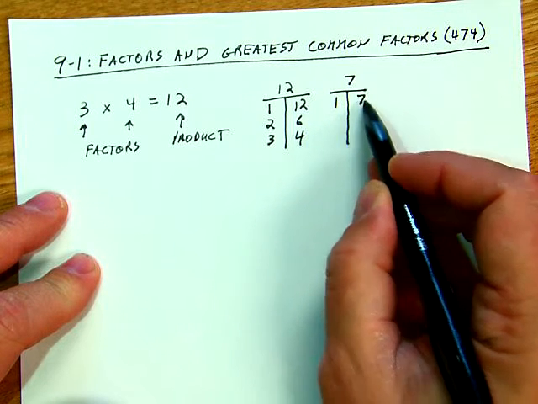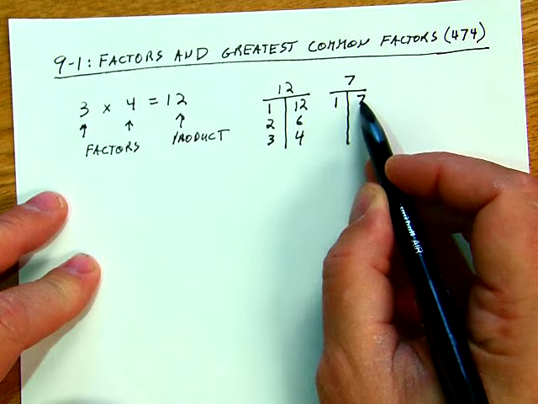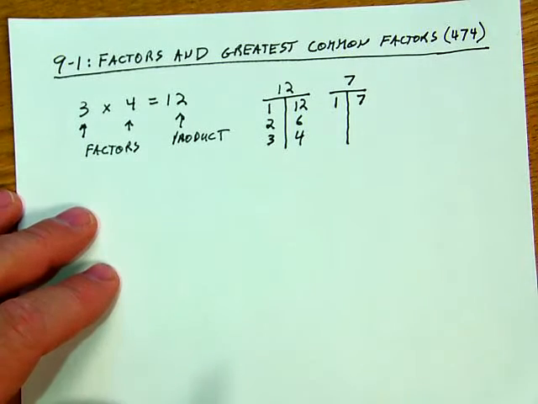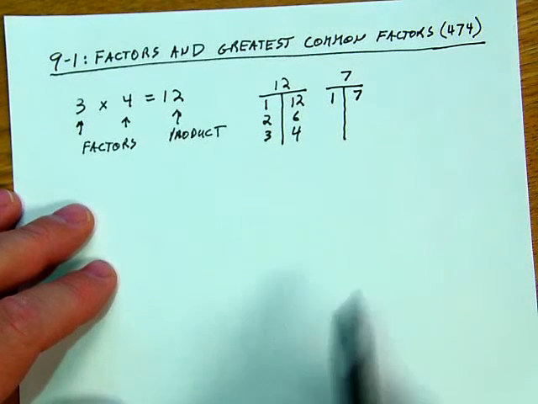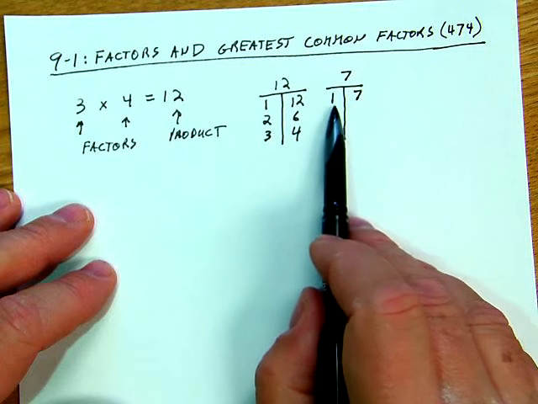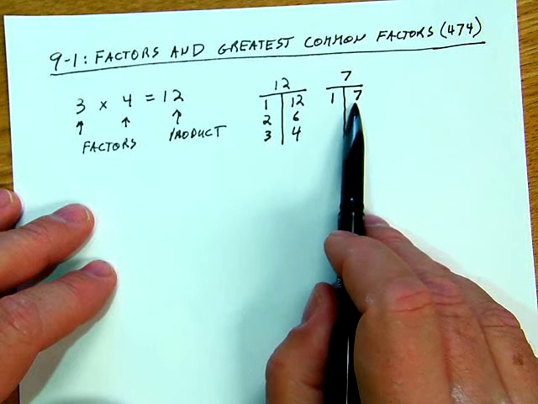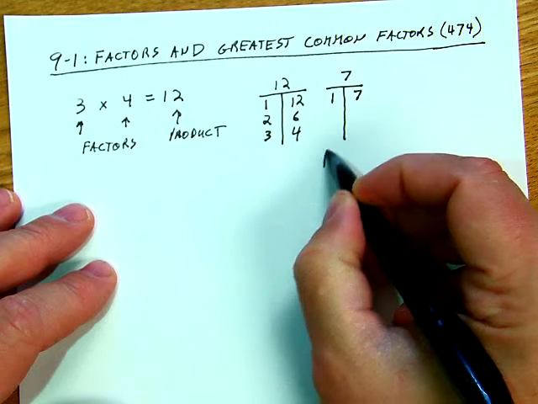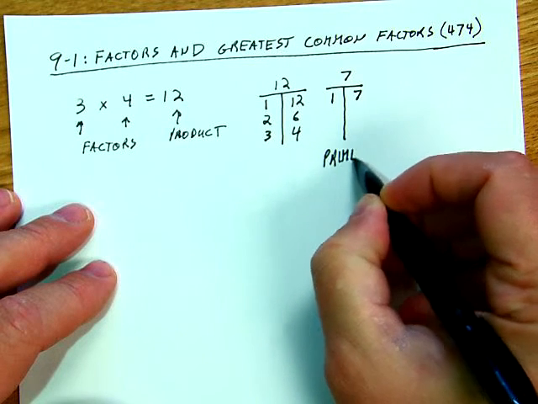Well, 7 already appears here, so we know we're done, and so this number is done. There's a special name for numbers like this, where when you factor them, the only things that factor into them are the number 1 and themselves. These numbers are called prime.